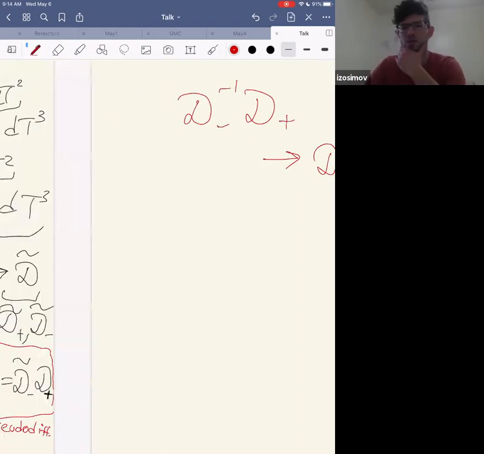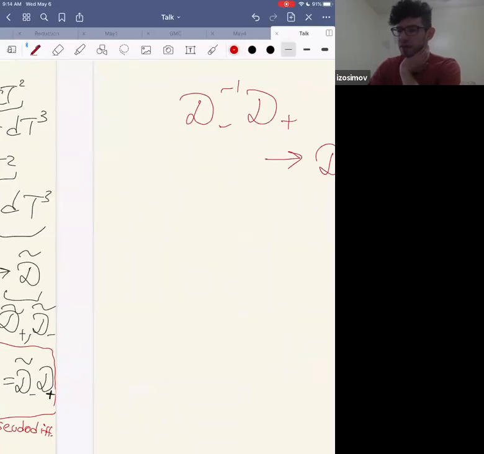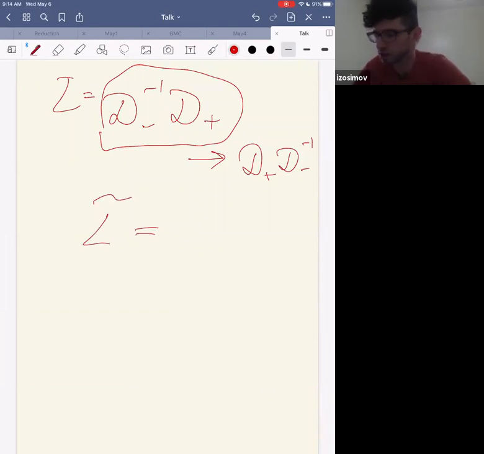This is exactly what is written here. In other words, if we call this operator L, then under the pentagram map, L changes as D plus L D plus inverse. So this is a Lax representation for the pentagram map.